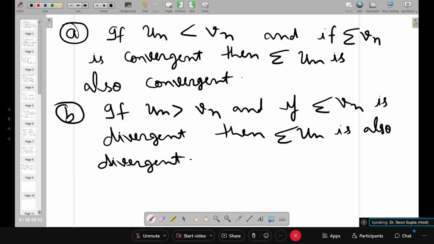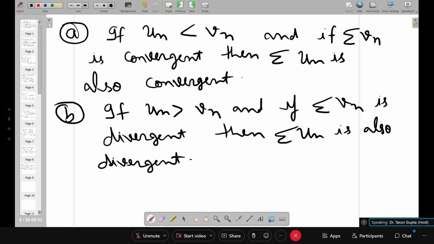Here the main thing is, whatever series is given, suppose summation Un is given, first you find out the nth term Un. Now you find a greater term Vn for every n such that Un is less than Vn.